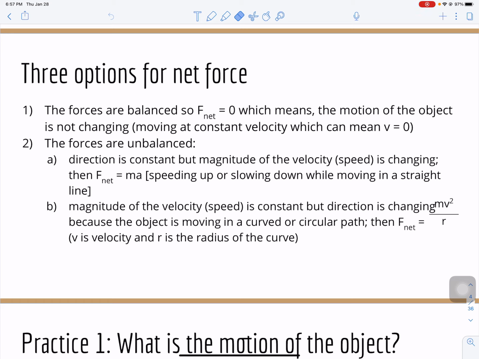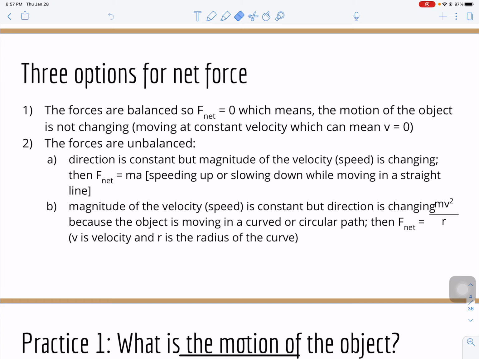A second option is when forces are unbalanced, and there's actually two things that could happen there. So the first one is that the direction of an object is constant, but the magnitude of the velocity, or the speed, is changing. When that happens, we have that F net is equal to ma.